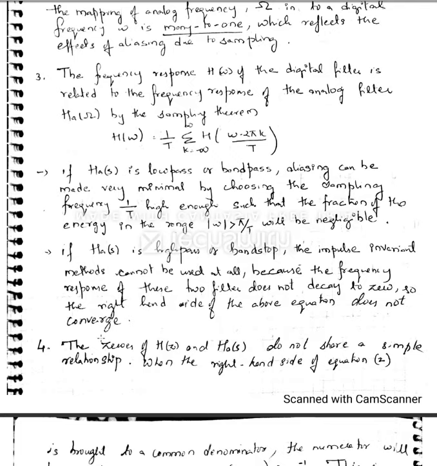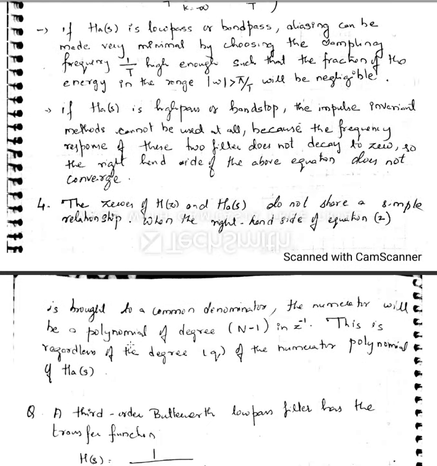And so far we have spoken about the poles, right? So they say the zeros of H(z), that is the digital filter, and the analog filter, their relationship is basically complex. We try to bring the denominator that we obtain of the transfer function to a common value.